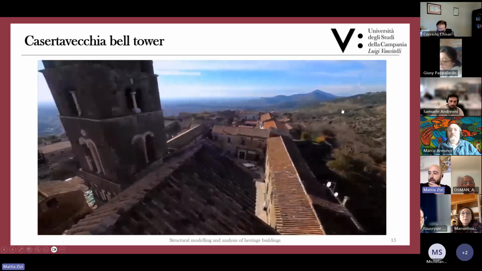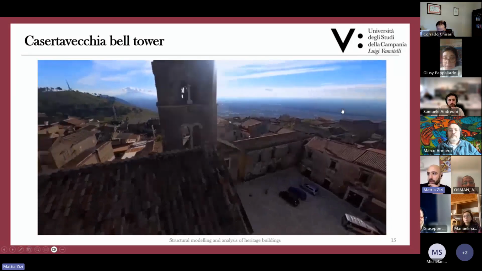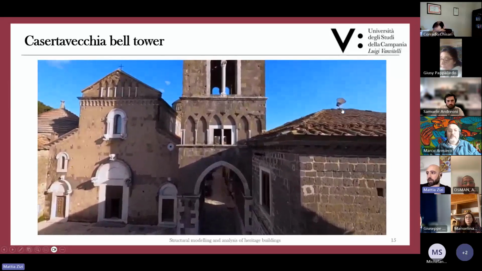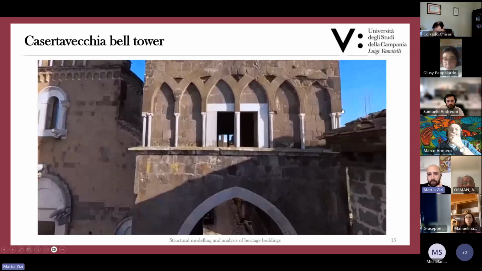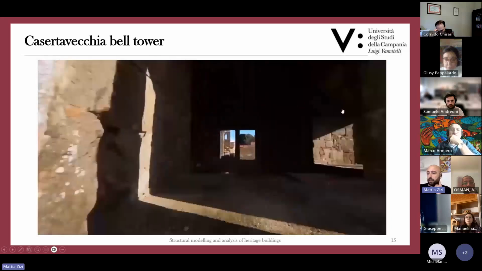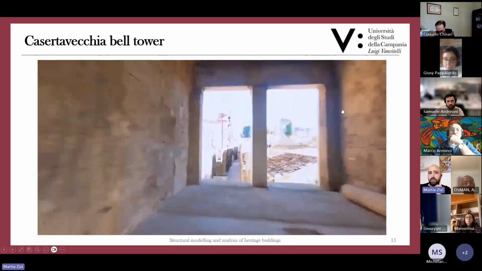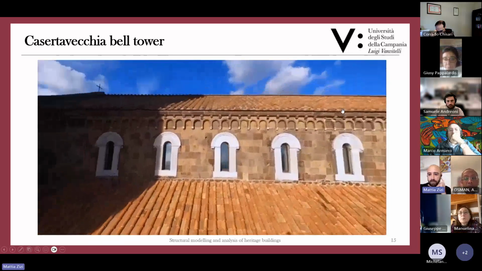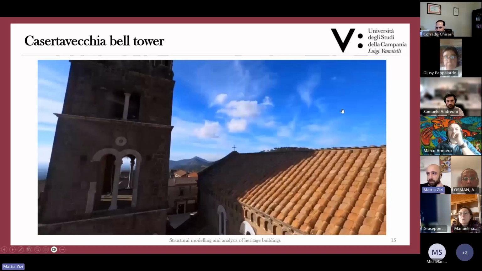And in particular, we will focus on the bell tower of the Church of San Michele Arcangelo, that is in Caserta Vecchia. Caserta Vecchia is an ancient village on the hill of the Caserta city in Campanian region, of course, in Italy.